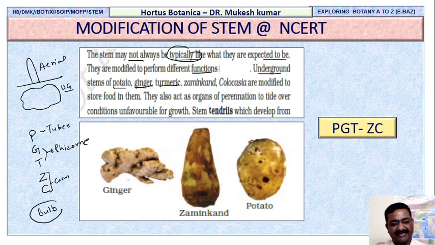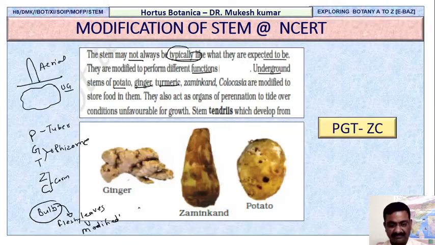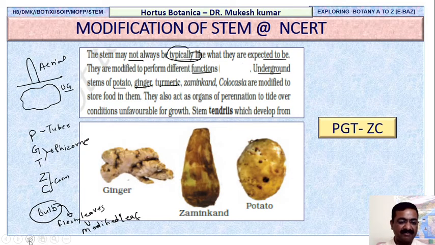In fact, in NCERT, bulb has been mentioned as the fleshy leaf found in the onion, considered a very important structure, as a modified leaf. That's why NCERT has mentioned this bulb not under stem, but under modified leaf.